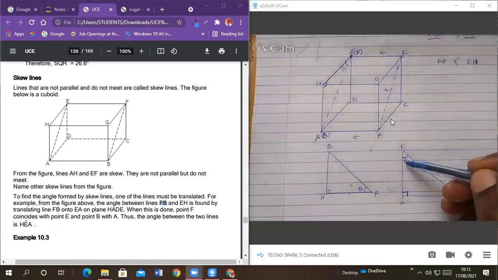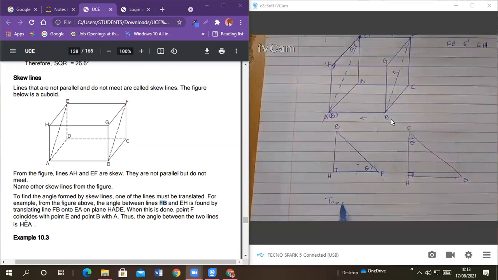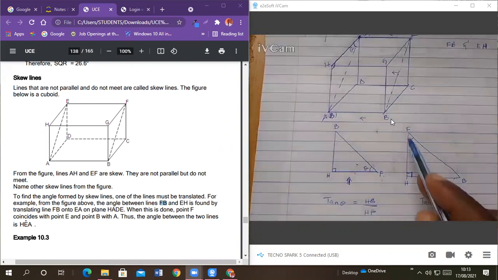If you want to find the tan of this angle theta for this diagram, tan theta is equal to HB out of HF, isn't it? For this second triangle, tan theta will be equal to HB, because this is the opposite side of the angle, over the adjacent, which is HF.